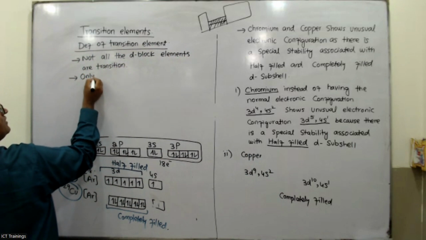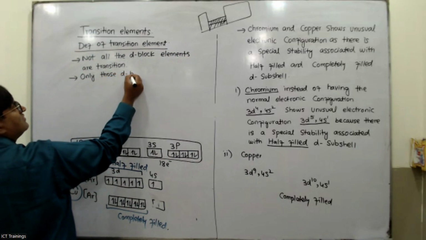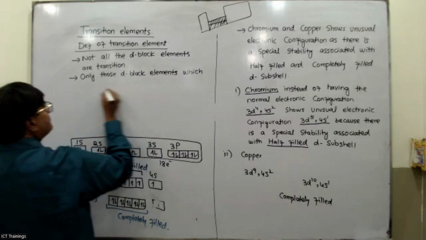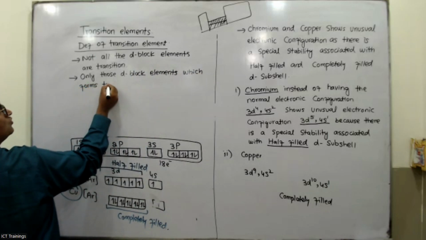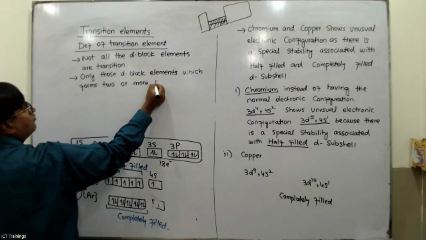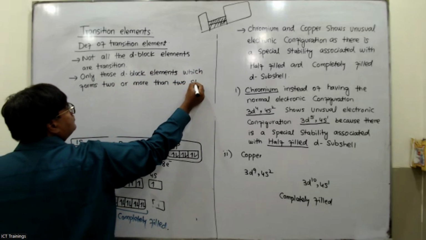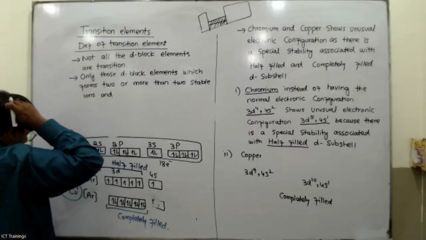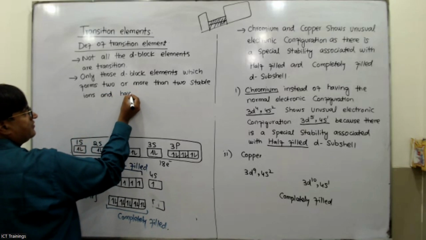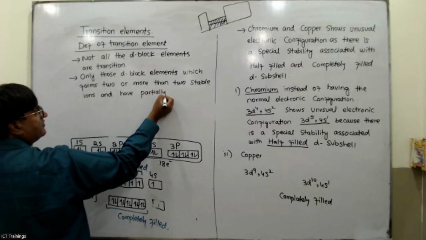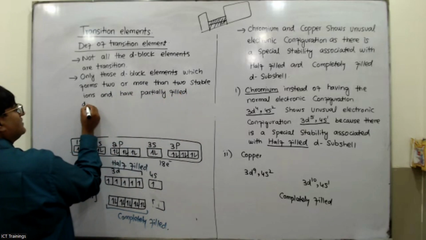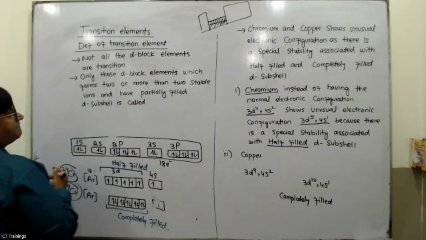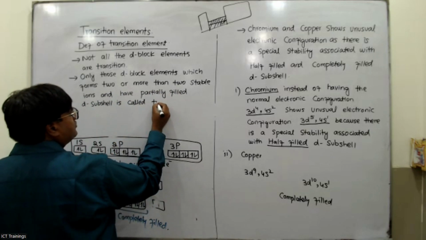The second thing, only those d block elements which form two or more than two stable ions and have partially filled d subshell are called transition elements.